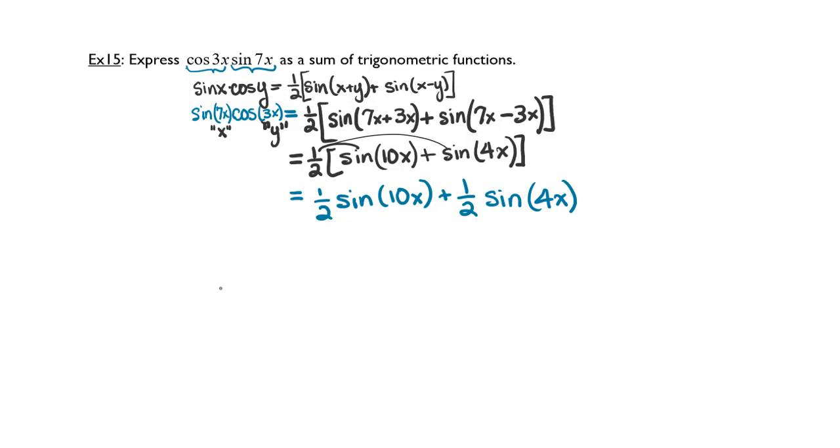And this would be a sufficient answer for cosine of 3x times sine of 7x.